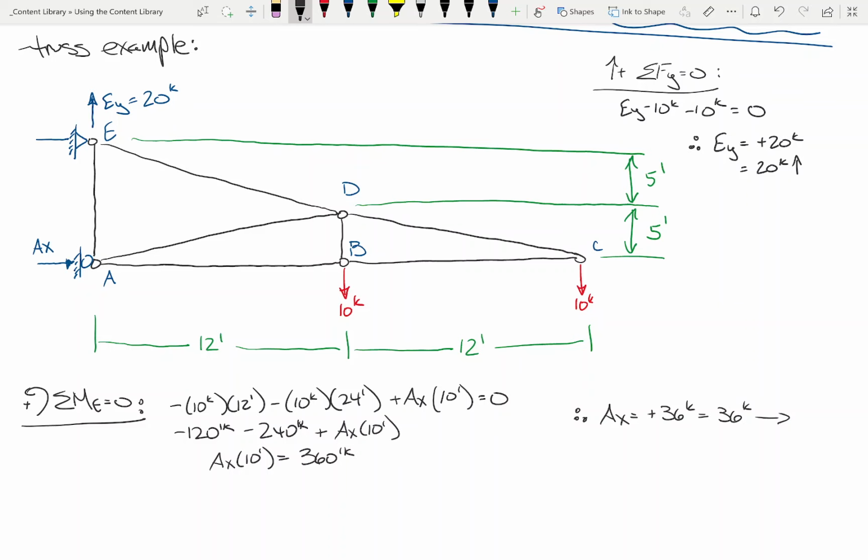So if that's the case, and I sum forces in the x direction, what's EX? It's 36 kips to the left.